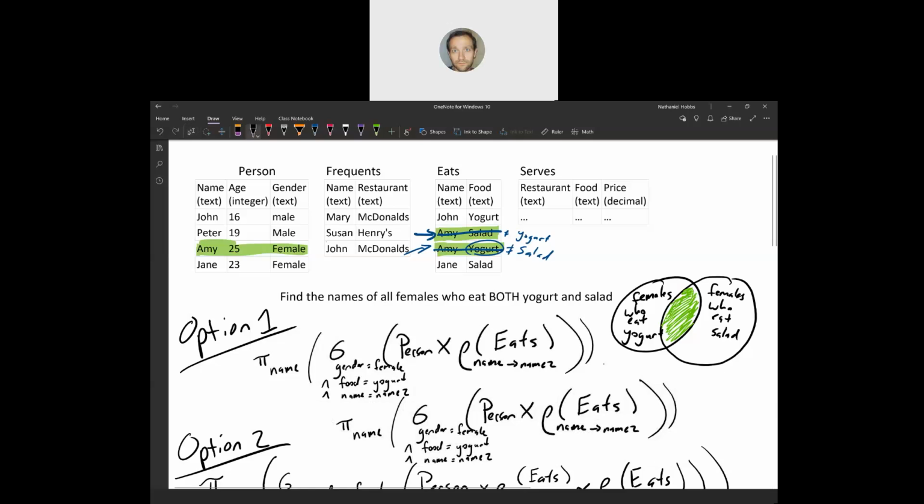Except on this one, the food is going to be salad. And then I'm a little rough on this part, but I'm assuming that you intersect both the queries, so it's like the upside down U. Yeah. Is that it? Yeah, that's it.